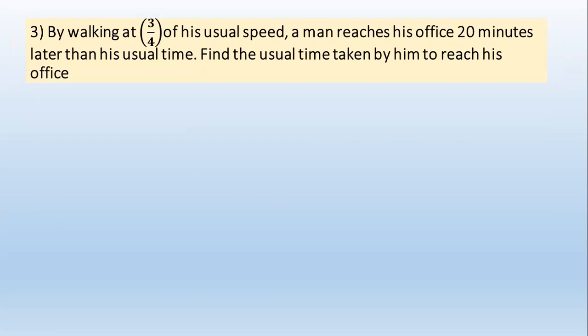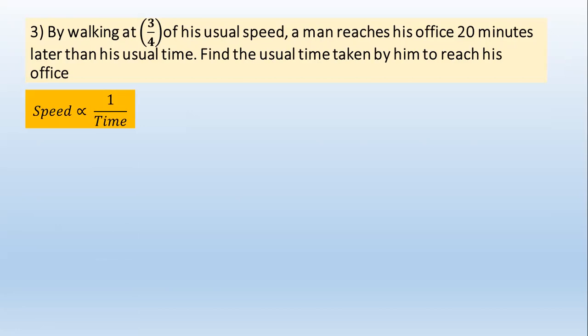Here, the distance in both the journeys is the same, that is constant. So we can state speed is inversely proportional to time. If time was constant, we can say speed is directly proportional to distance.